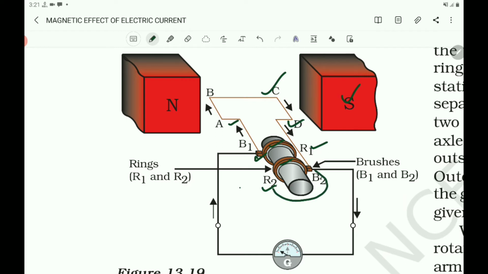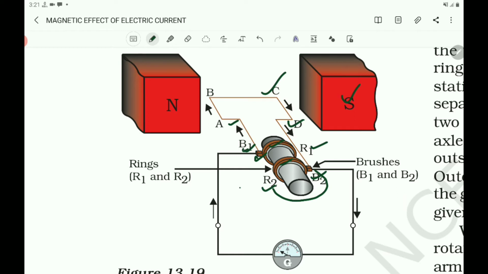R2 with the carbon brushes B1 and B2. Here B1 is a brush which is with R1, and B2 is a brush with R2. B1 and B2 are two graphite rods which are called the brushes. They are kept pressed against the slip rings R1 and R2.